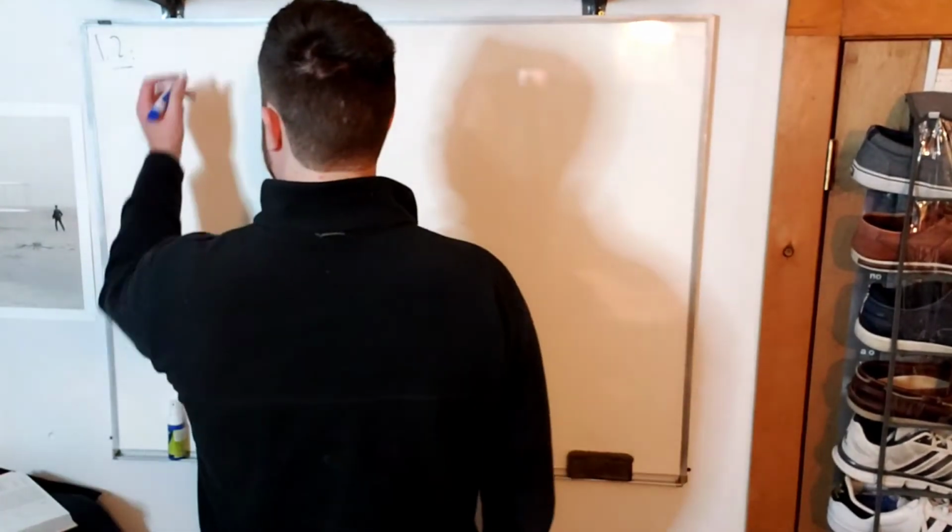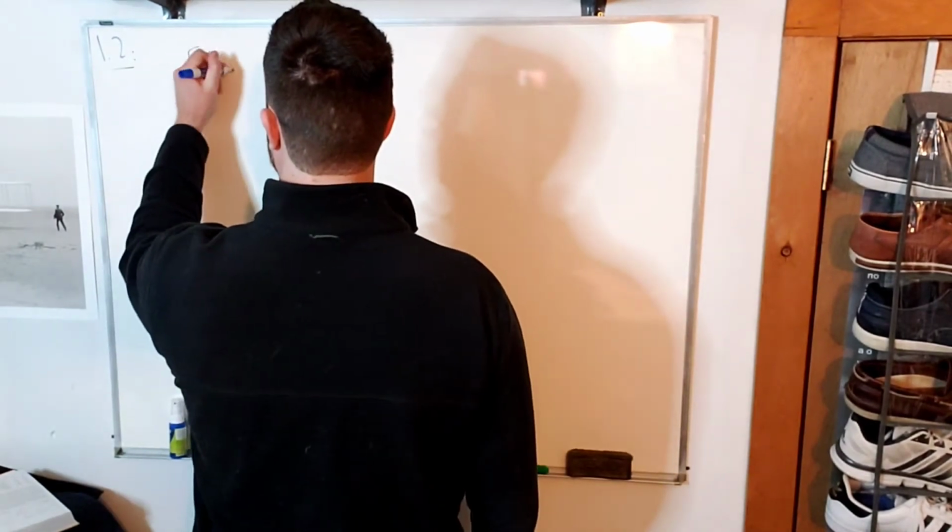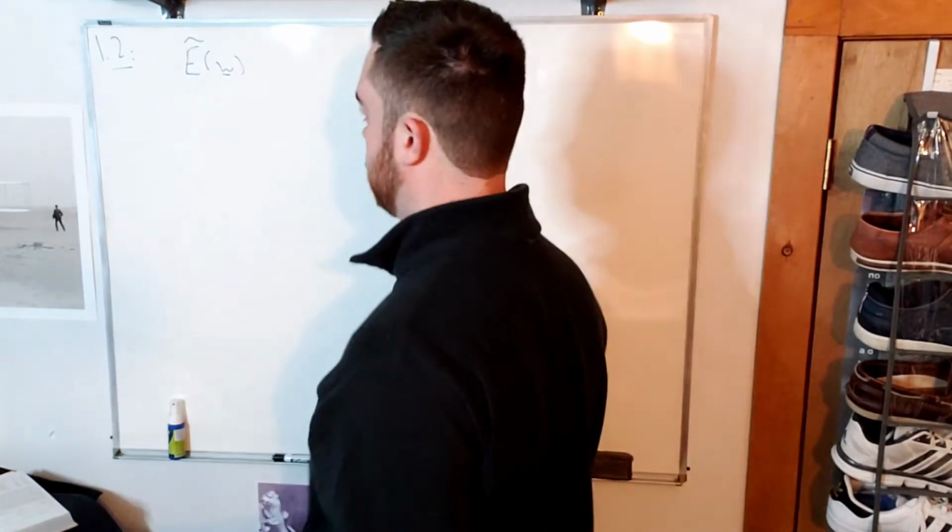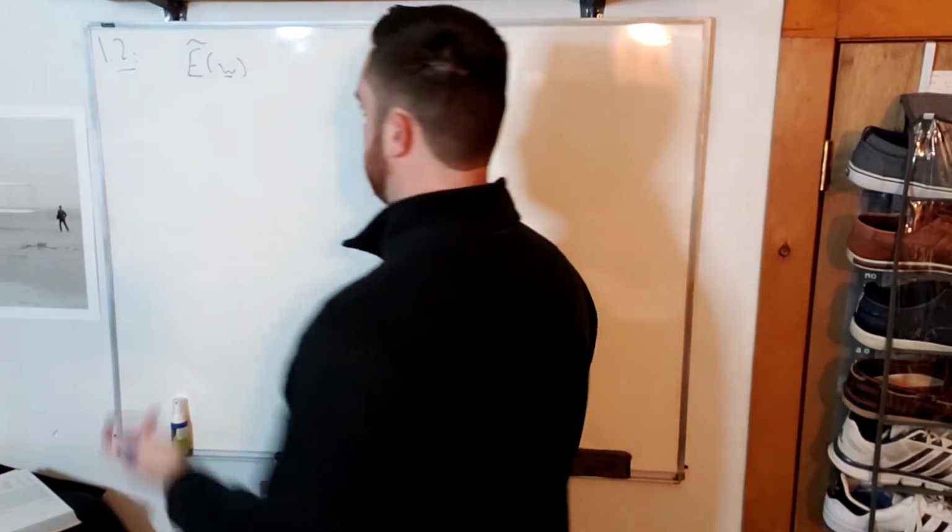Anyways, 1.2, the problem is basically the same as last one, except you're using the regularized sum of squares error function. I guess I'll write that. So it has a tilde because it's regularized.